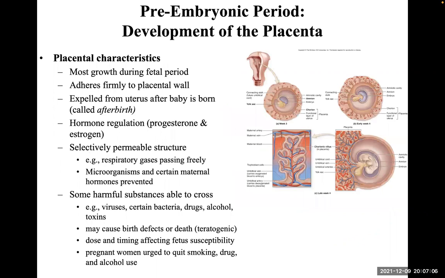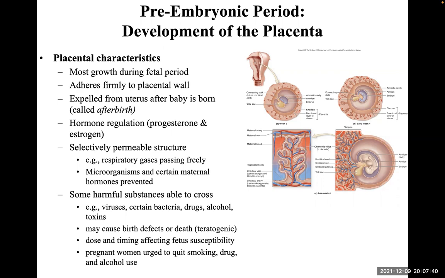Okay, so, more information on the placenta. We talked about how the placenta allows for communication between the maternal system and the system of the developing structure, embryo to fetus. The placenta is what's considered a selectively permeable barrier, meaning that it prevents a lot of substances that the maternal system might come into contact with from getting into the fetal circulatory system.